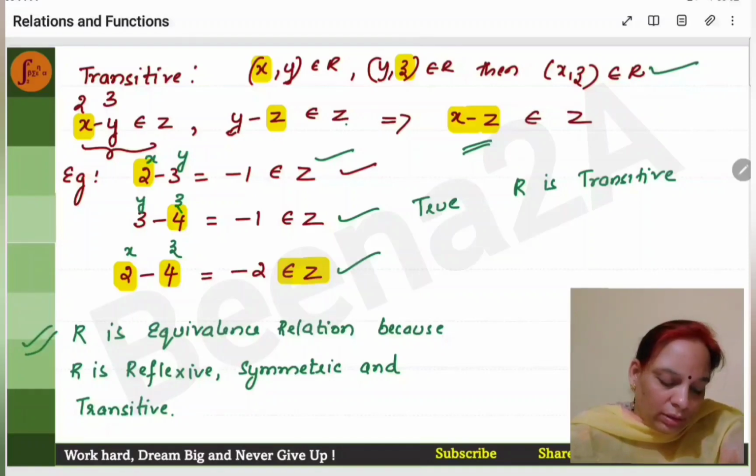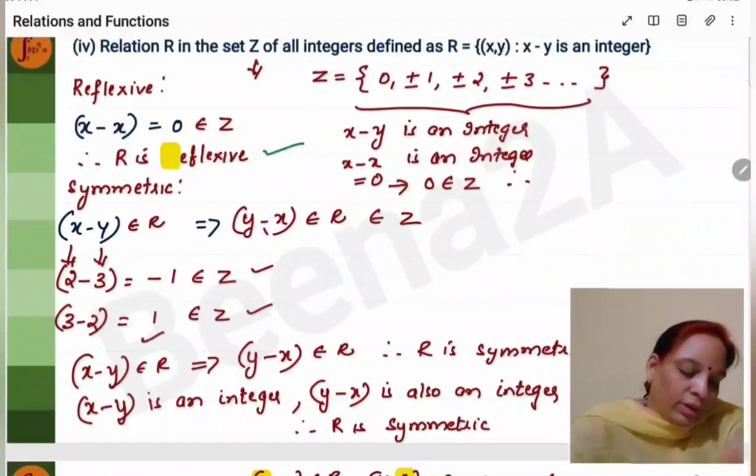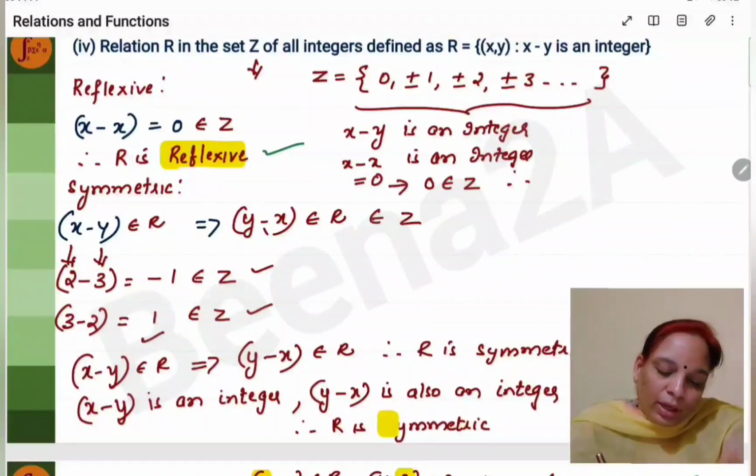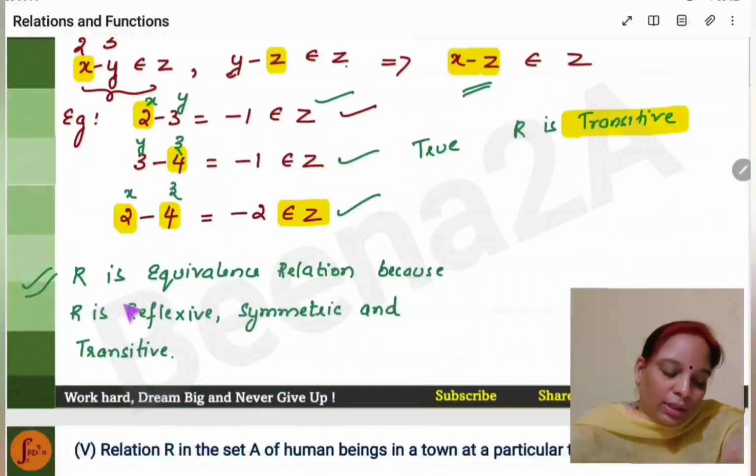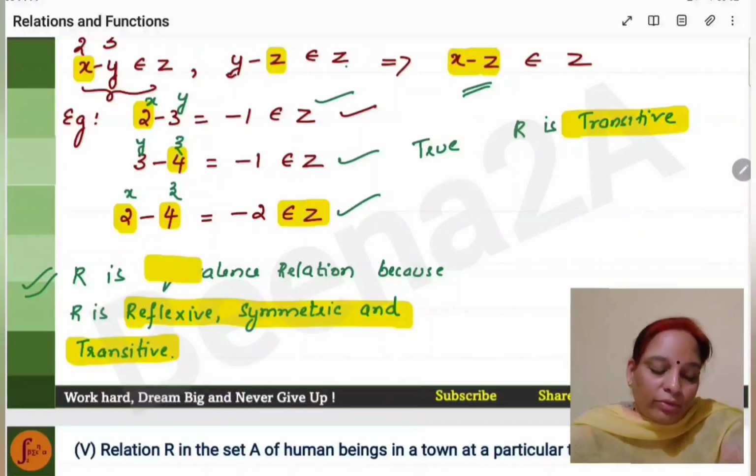Now, this is an equivalence relation. Why? In this case, we saw that R is reflexive, R is symmetric, and R is also transitive. Since R is reflexive, symmetric, and transitive, we can call this an equivalence relation.